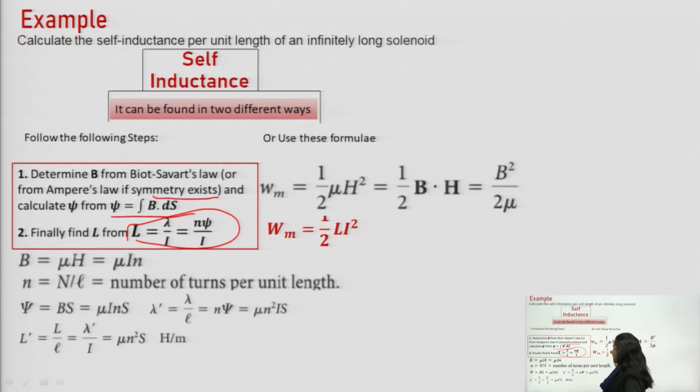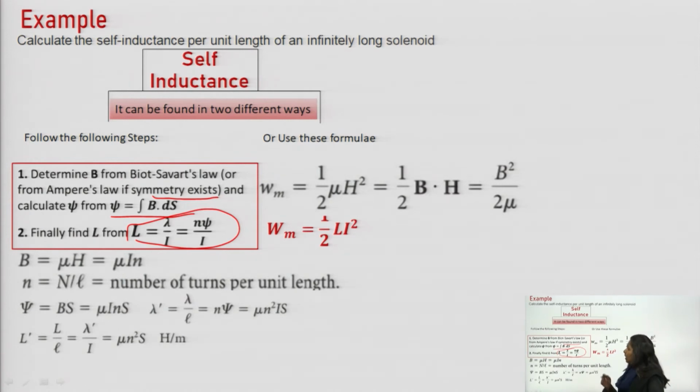Total flux linkage lambda is nothing but the total number of loops times the flux cutting a single loop. So lambda, which is known as flux linkage, is equal to N phi, and L is lambda divided by I.